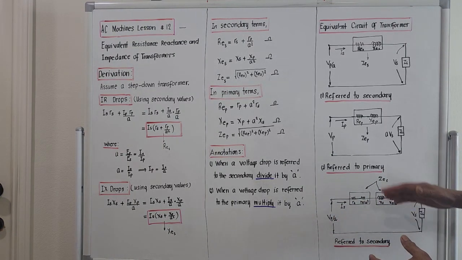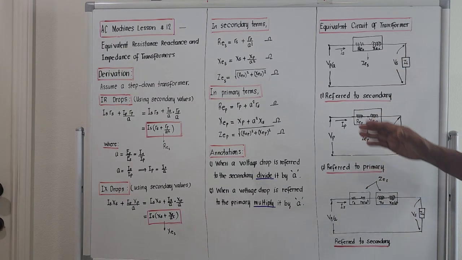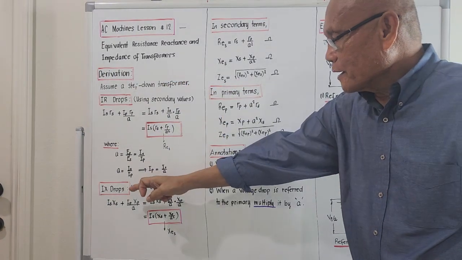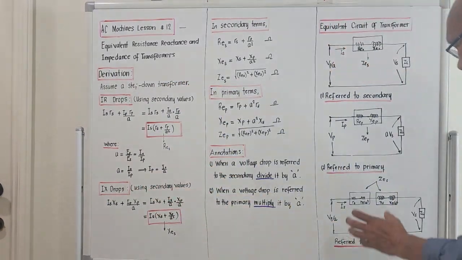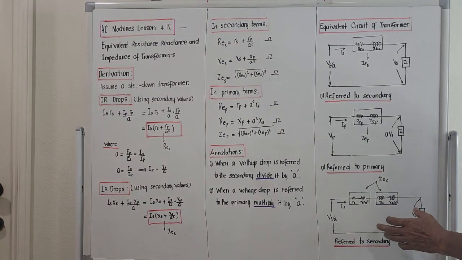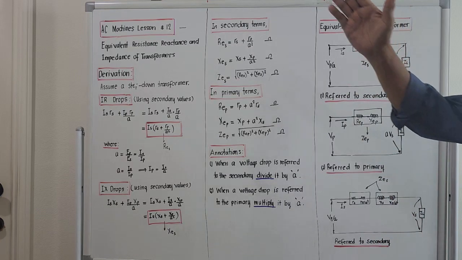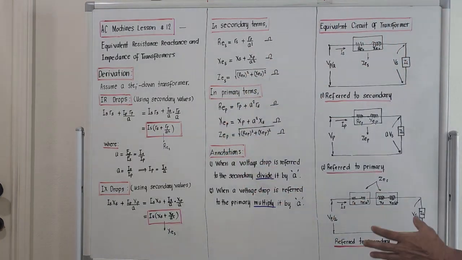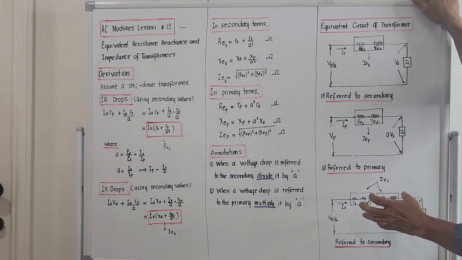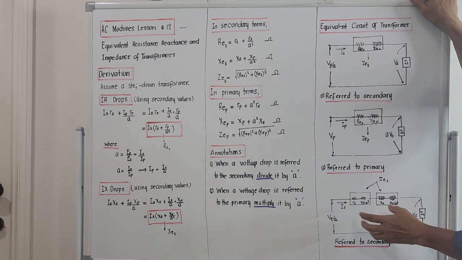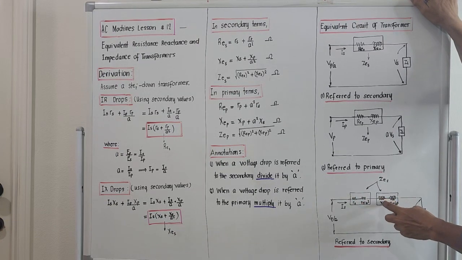Okay, so let us now try to derive the equation on the so-called IR drops and IX drops for both the primary and secondary. The last figure here was actually the last figure from the last discussion. We'll now try to compress this as simple as this one, meaning the resistance and reactance of the secondary and the resistance and reactance of the primary.